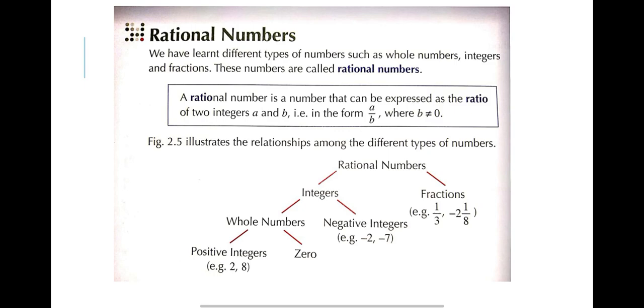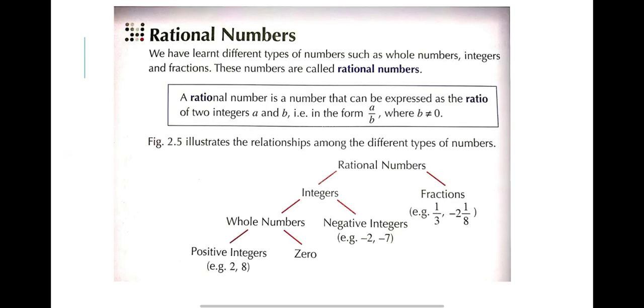Integers are made up of whole numbers and negative integers. Whole numbers here are actually just 0 and positive integers. The ones you usually see on the simple number line like negative 3, negative 2, negative 1, 0, 1, 2, 3 are called integers, right?